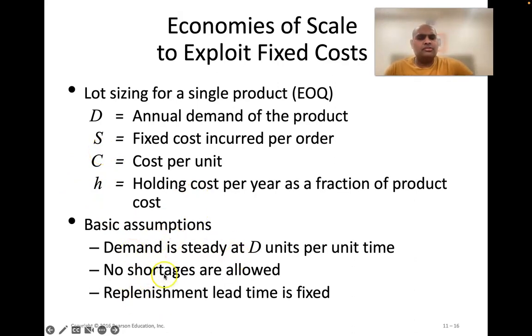Now there will be some assumptions that we'll make, which might seem like it's making the model very simple, but actually in reality it works really well. One is that demand is used at a steady rate over a unit time. Now this is not a bad assumption to make. If you are looking at annual demand, let's say that you have a demand of salt, which is 100,000 units of salt that will be sold over the next 10 months.